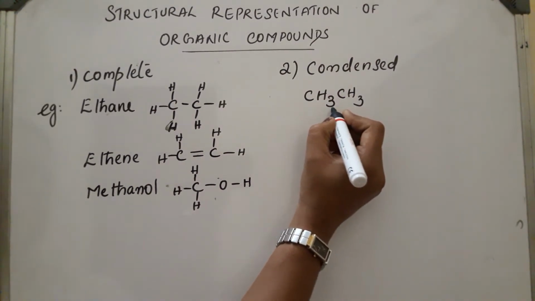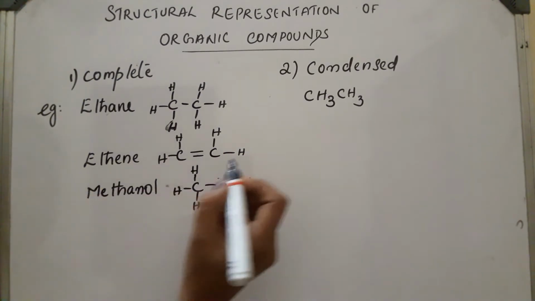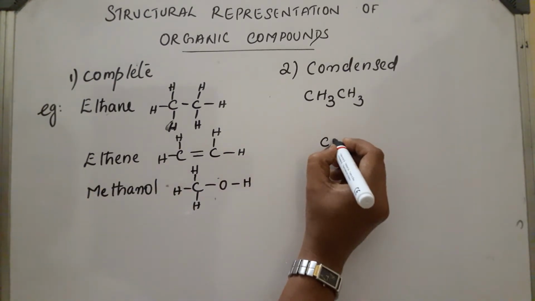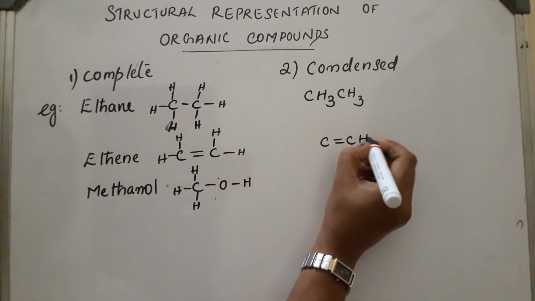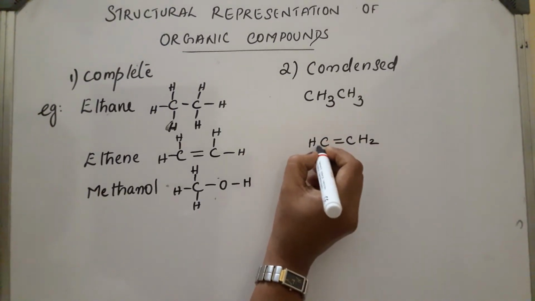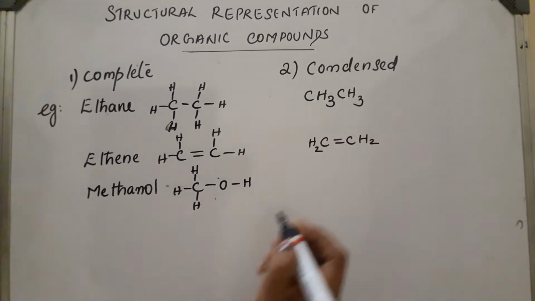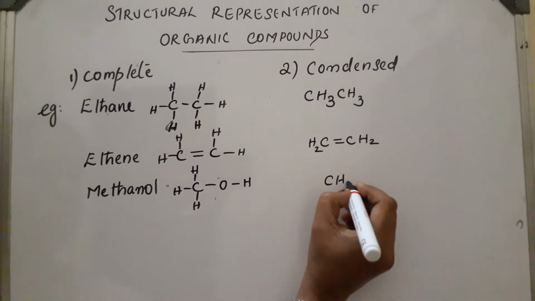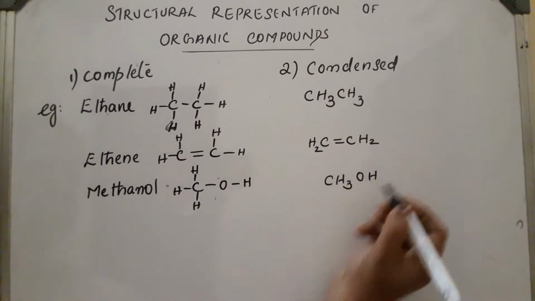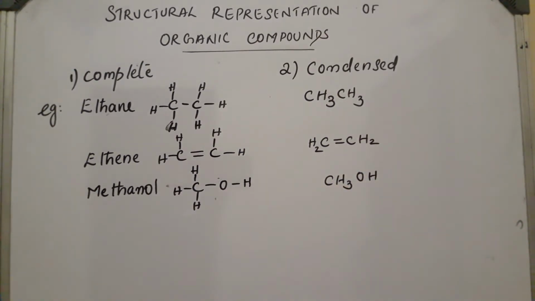In the case of ethene, this will be CH2=CH2. Methanol will be CH3OH. This will be the condensed structural formula.